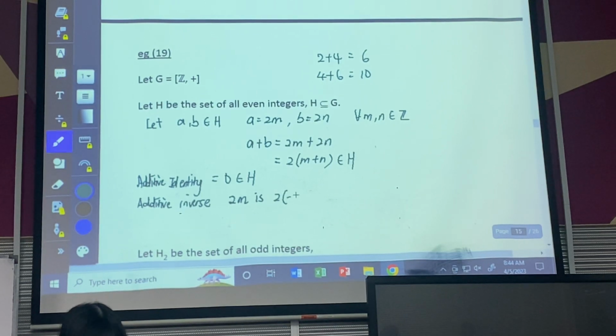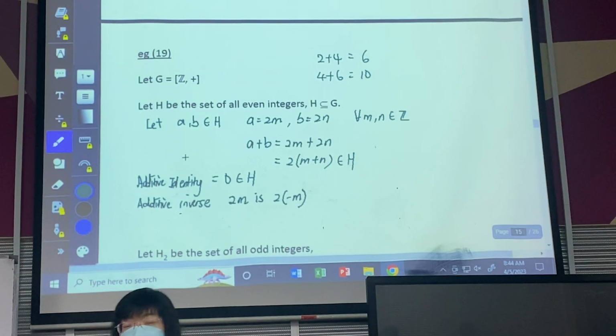The inverse of 2m is 2 multiplied by negative m, right?